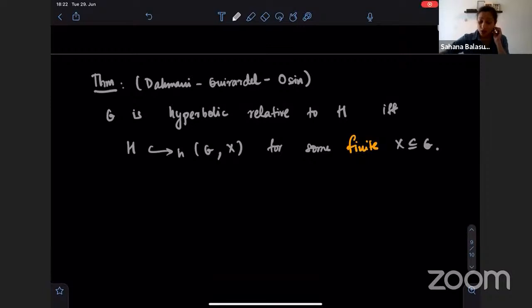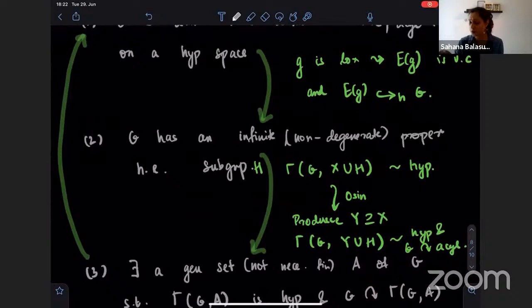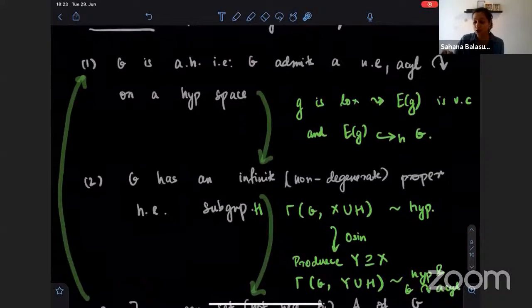And these hyperbolically embedded subgroups have been used, like I said, to produce lots of examples for this class of groups. So for example, Sisto used this second part of the theorem to show that groups acting properly on proper CAT(0) spaces with rank 1 elements are in this class of groups, because what he showed is that the elementary subgroup associated to those rank 1 elements is hyperbolically embedded.